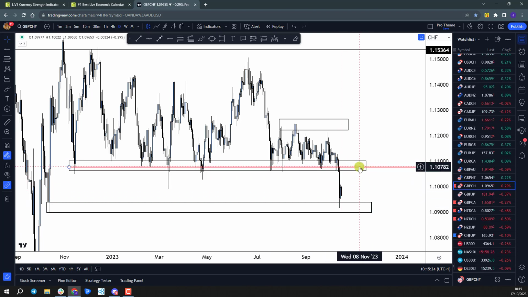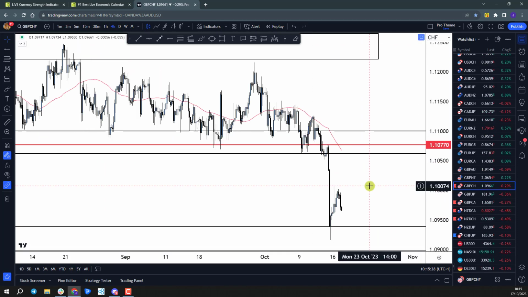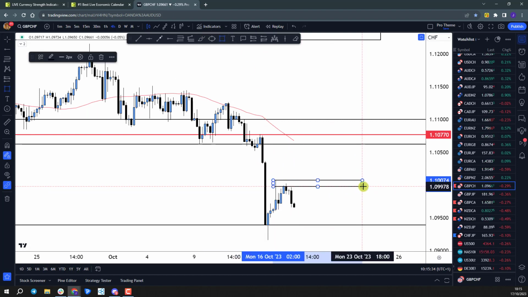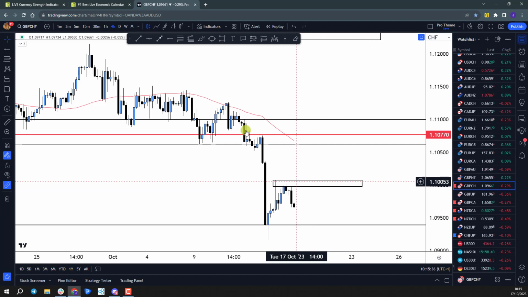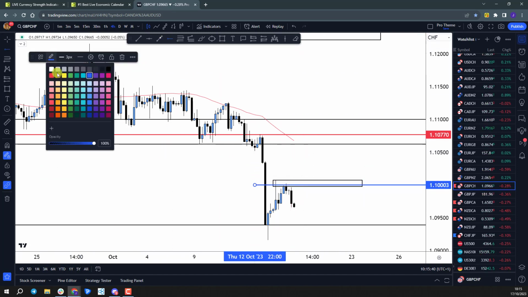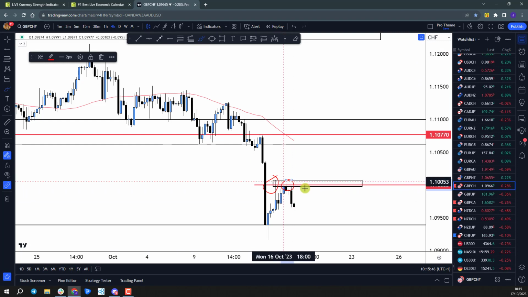Ideally, I want to be short more at 1.1078, but price may have different ideas to that. What I do like on the 4-hour time frame though is we are creating a little bit of a top in the market, which is around about the 1.1 handle. So you've got a psychological resistance level combined with current highs, which price is seeming to reject at the moment.